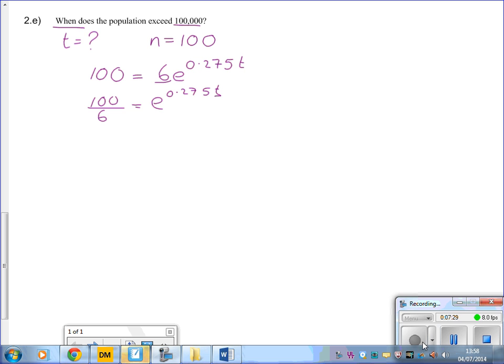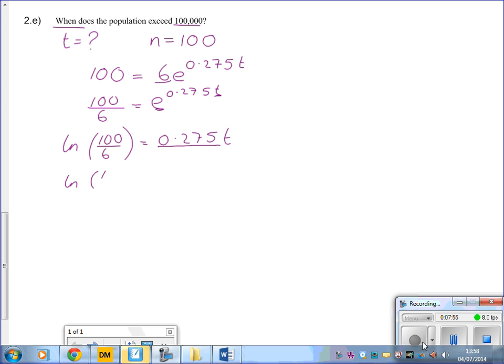So I'm still heading to get t on its own, so I want to get rid of this e. So ln 100 over 6. So the last stage now is to just get rid of this 0.275 away from the t. So I'm going to move it to the other side.